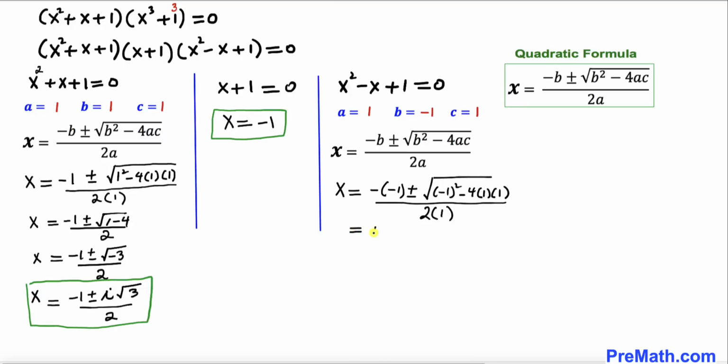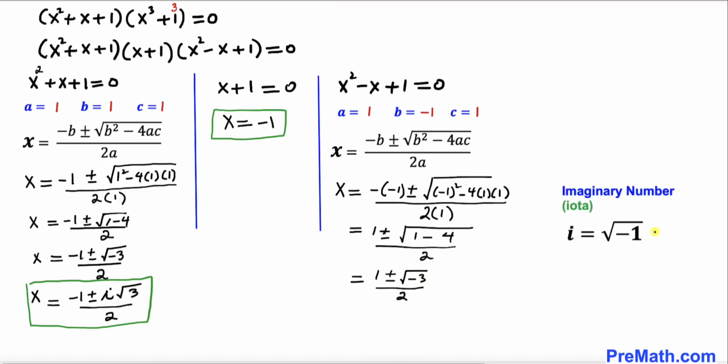Negative and negative become +1, plus or minus the square root of (-1)^2 = 1 minus 4, divided by 2. That gives us 1 plus or minus the square root of -3 divided by 2.